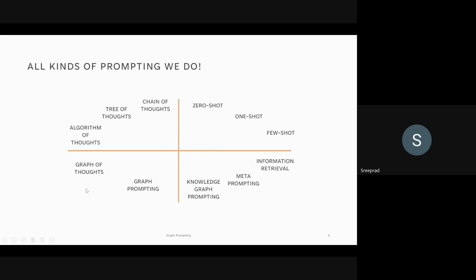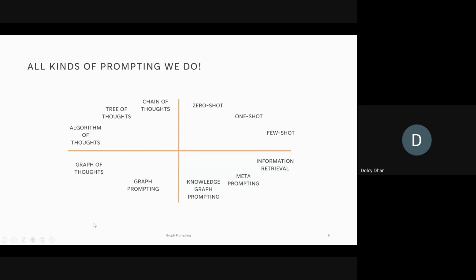Graph is reasoning based as well, but you have to understand these are all very straightforward. Tree of thoughts and chain of thoughts are very straightforward, but graph of thoughts and graph prompting are actually a little different, a little higher level of reasoning, and that's why I've mentioned it a little separately.